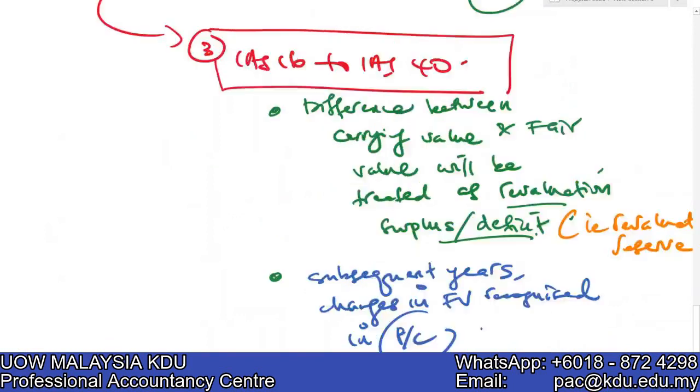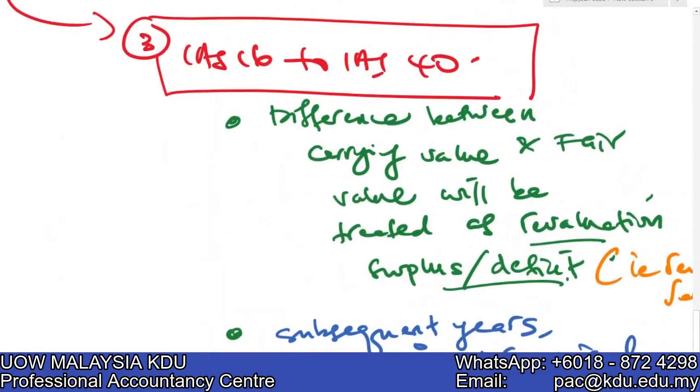Remember, 16 to 40 changes, the difference between carrying value and fair value, where do we recognize? Recognize in the revaluation reserve, isn't it? Which is either revaluation surplus or revaluation deficit. Then subsequent year, if there are still changes in the fair value, where do we recognize? P&L. Is that right? Okay, so that's it.